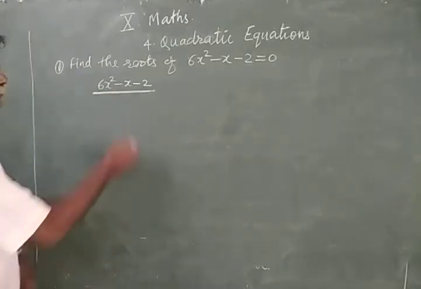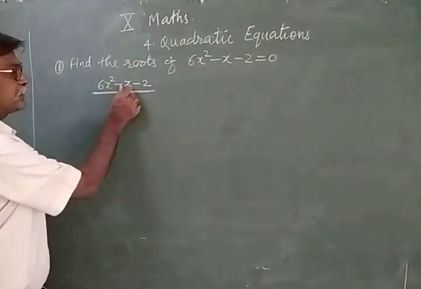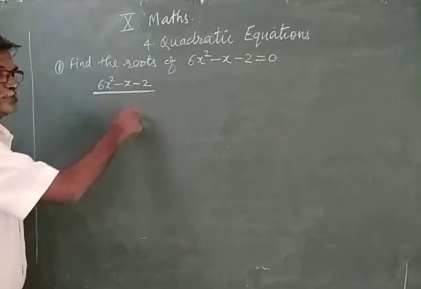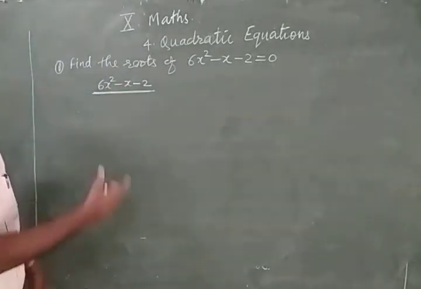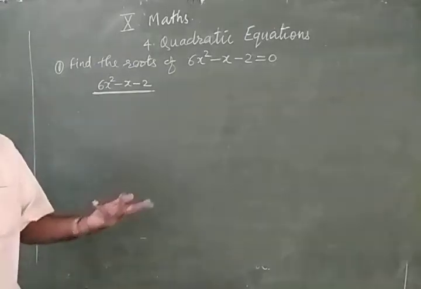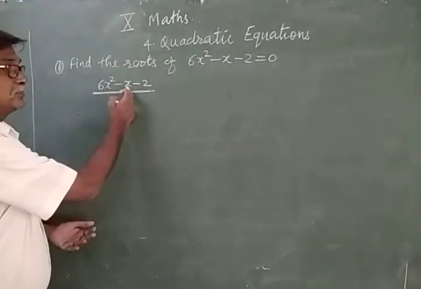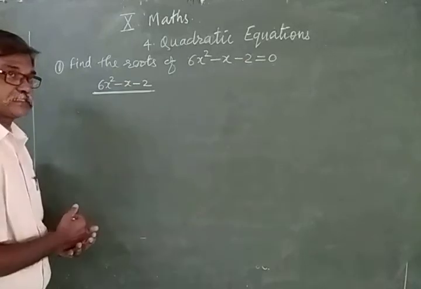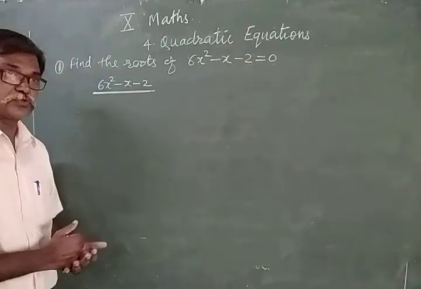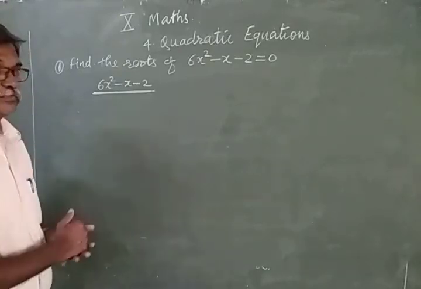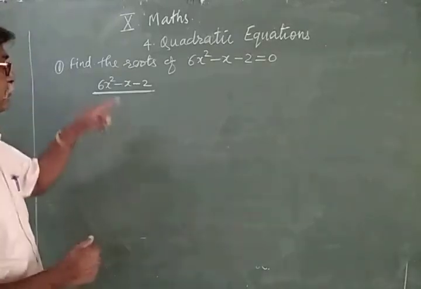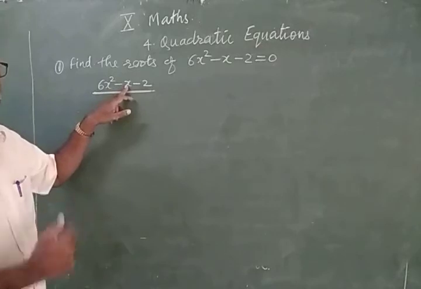Factorize by splitting the middle term, that is minus x, in such a way that their sum is minus x. But which values will we take? It is minus 2x plus x, minus 3x plus 2x, minus 9x plus 8x. Which one? Which two factors of this minus x are to be taken?